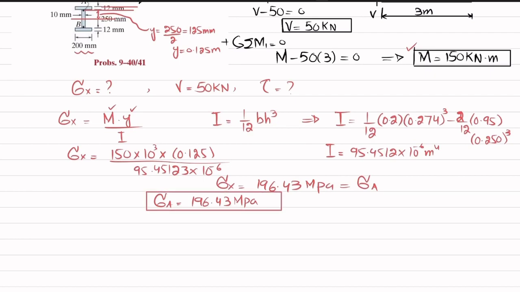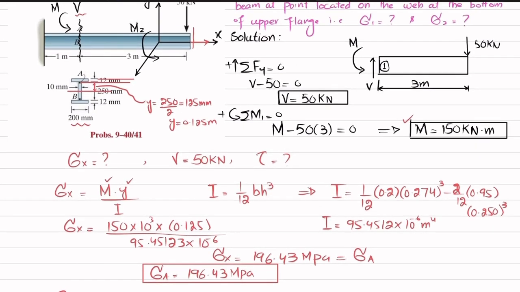Now we'll find shear stress. So we know that shearing stress is equal to V into Q divided by I into t. So for point A, shearing stress at point A will be equal to V into QA divided by I into t. So what is the Q?